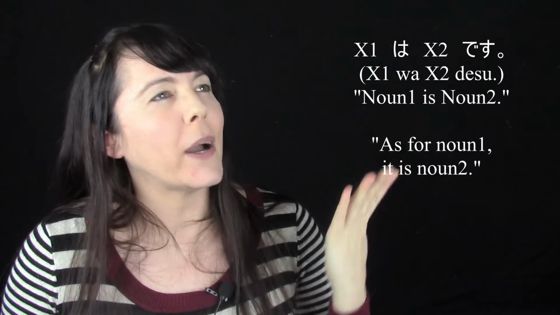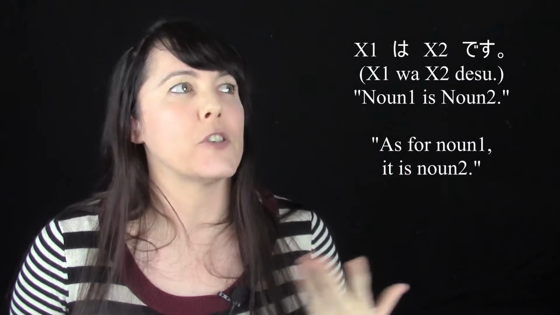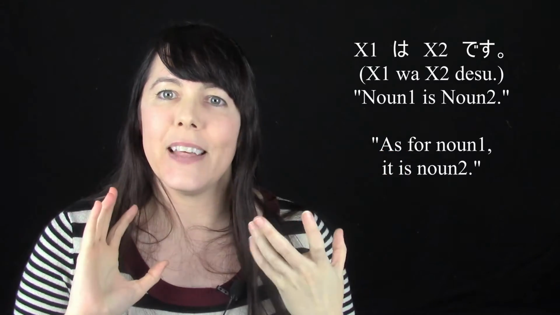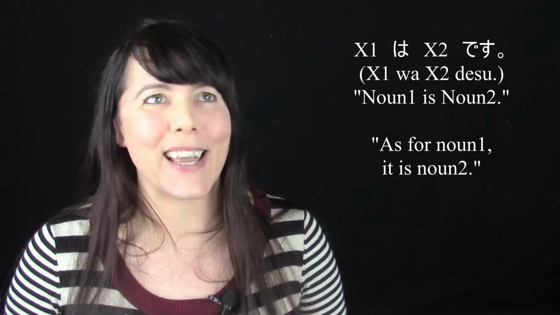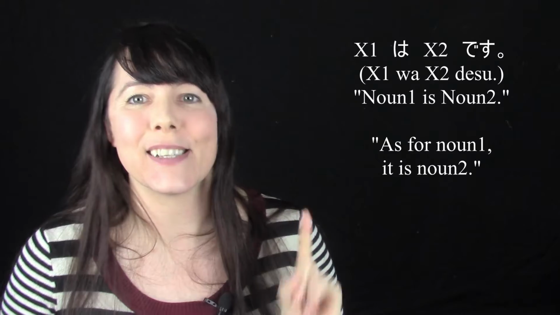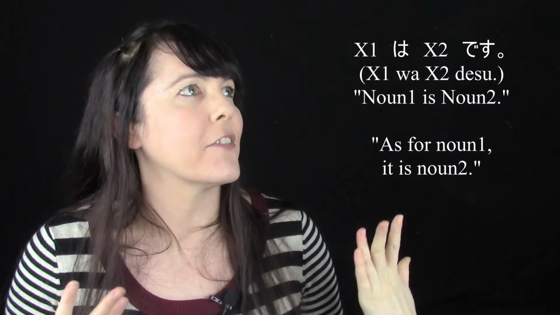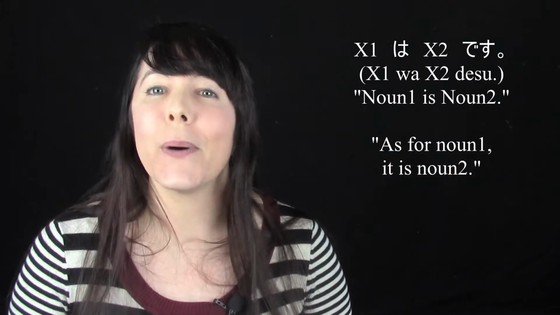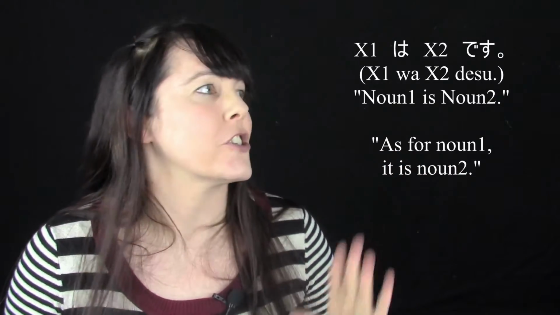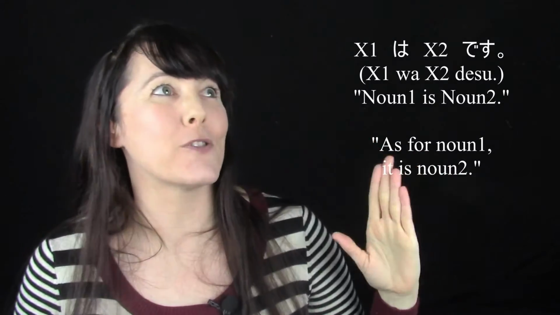So that's why I think "as for this subject" makes sense, because it's more like, hey, as for this thing, I'm going to tell you some stuff about this thing because this thing is the topic of the sentence. So that's why I like to think of it as: for noun number 1, it is noun number 2. But yes, in simple English, it's just noun 1 is noun 2.